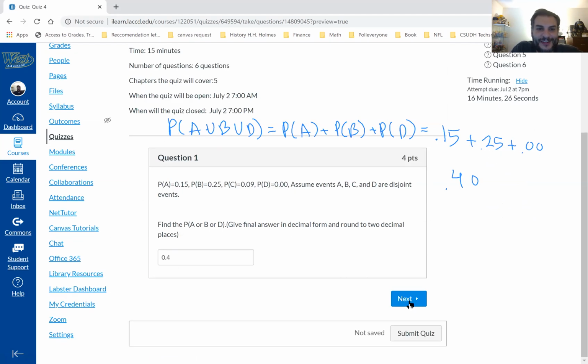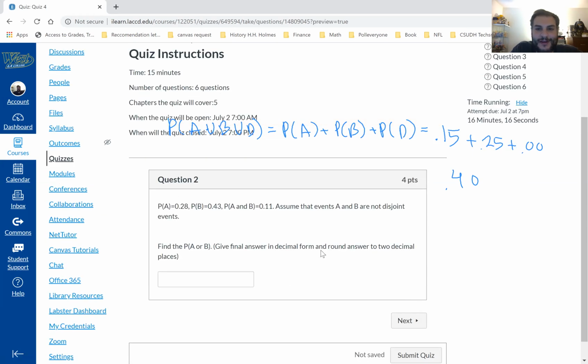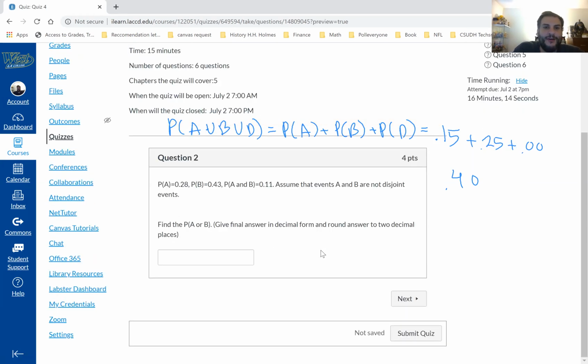All right, on to question number 2. Here we go. If you look at question number 2, it says probability of A is equal to 0.28, probability of B is 0.43, and probability of A and B is equal to 0.11.